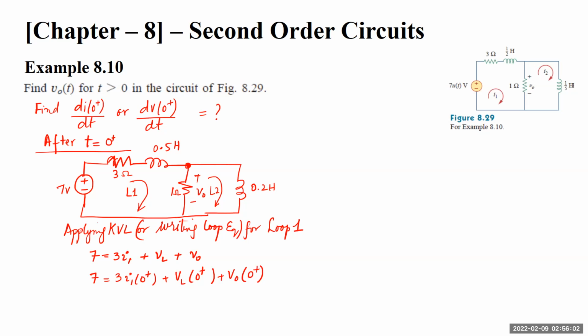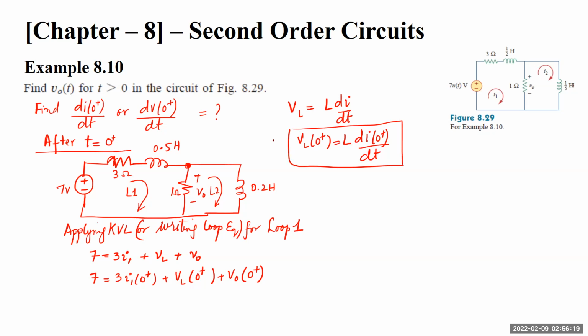We know that VL is equal to L times di by dt, so VL at 0 positive will be equal to inductance times di at 0 positive by dt. We can replace VL by this value. I at 0 positive is 0, as we know IL1 at 0 positive is equal to 0, so this term becomes 0. What is the value of V naught at 0 positive?